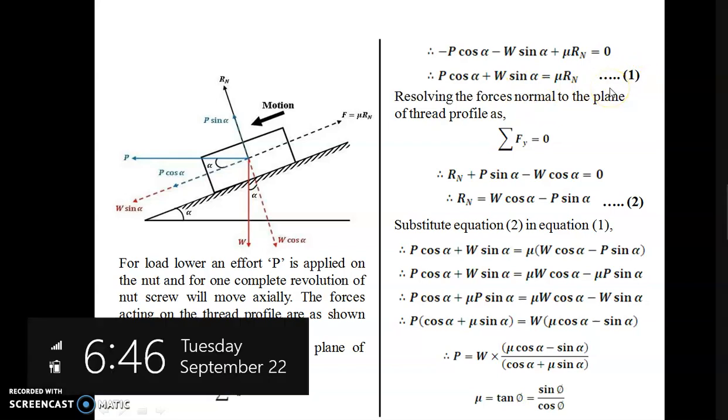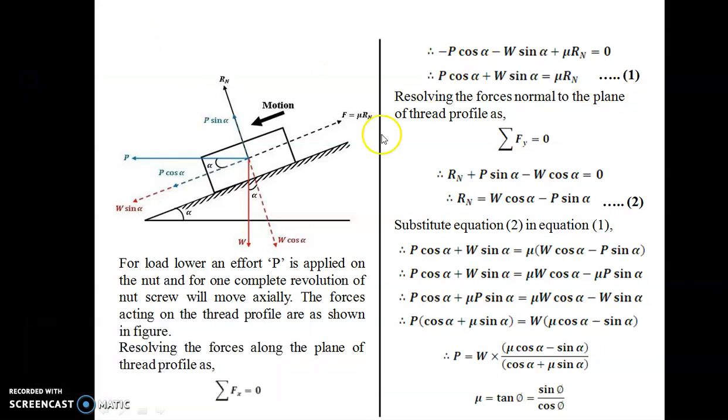Now resolving the forces normal to the plane of the thread profile, summation Fy is equal to 0. Upward force positive, downward force negative. According to that, Rn plus P sin alpha minus W cos alpha is equal to 0.